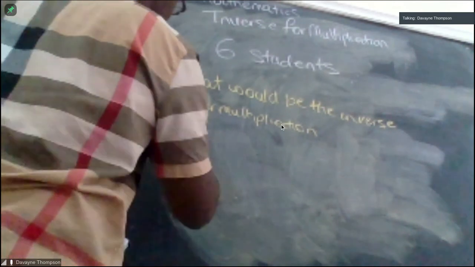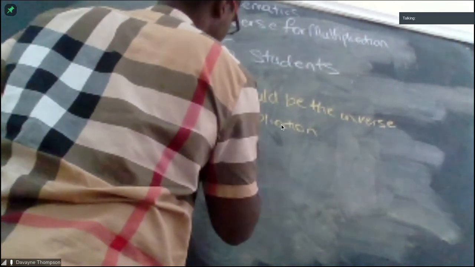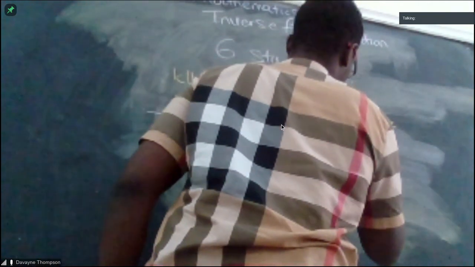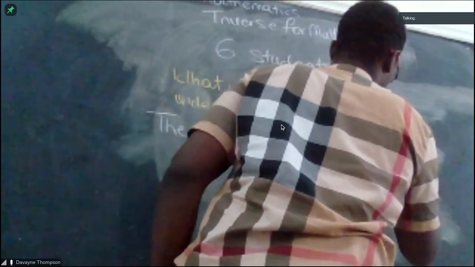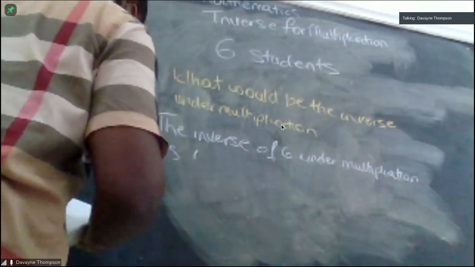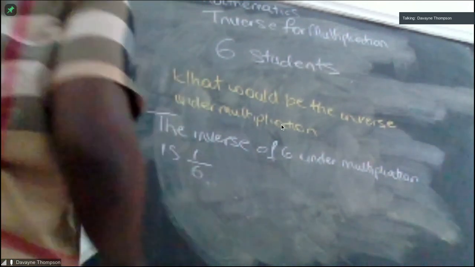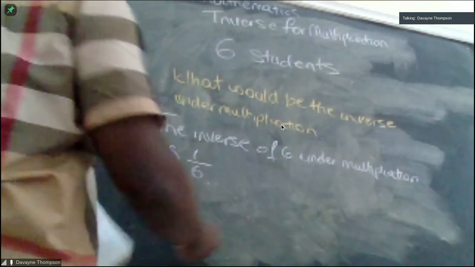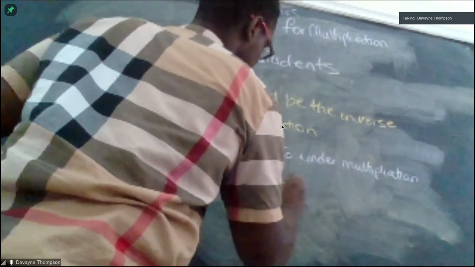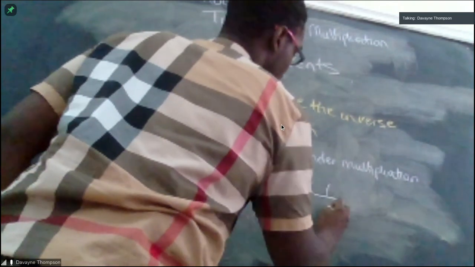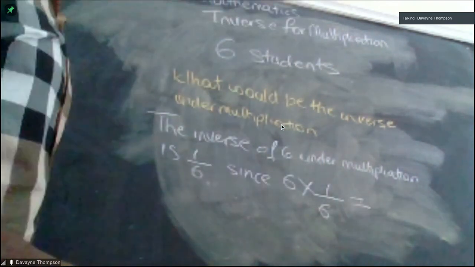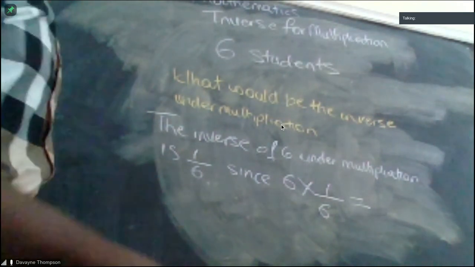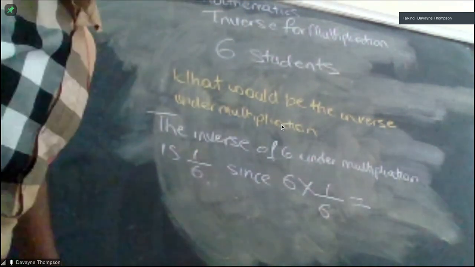The inverse of 6 on the multiplication is 1/6. Since 6 times 1/6, what would that give me? If I say 6 times a fraction of 1/6, what would that give me as my answer?